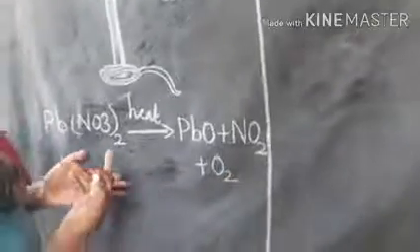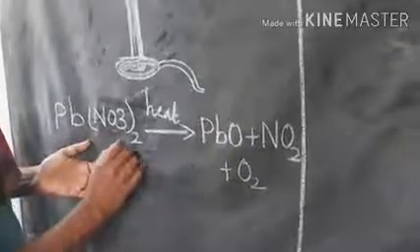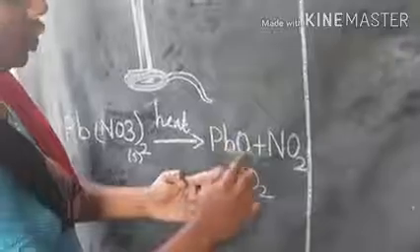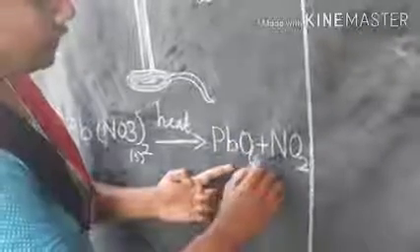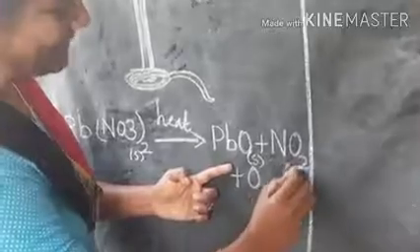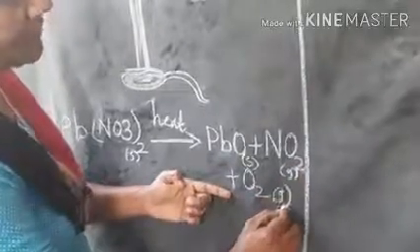Okay, we have to write the state of the substances. This is solid. And after heating, the lead oxide also will be in solid form. Nitrogen dioxide is a gas, written in the form of g. Oxygen also gas.